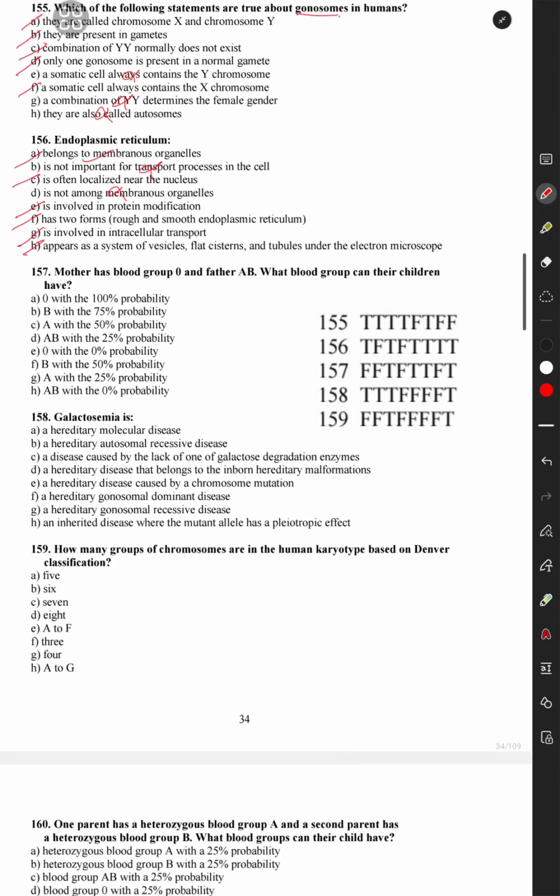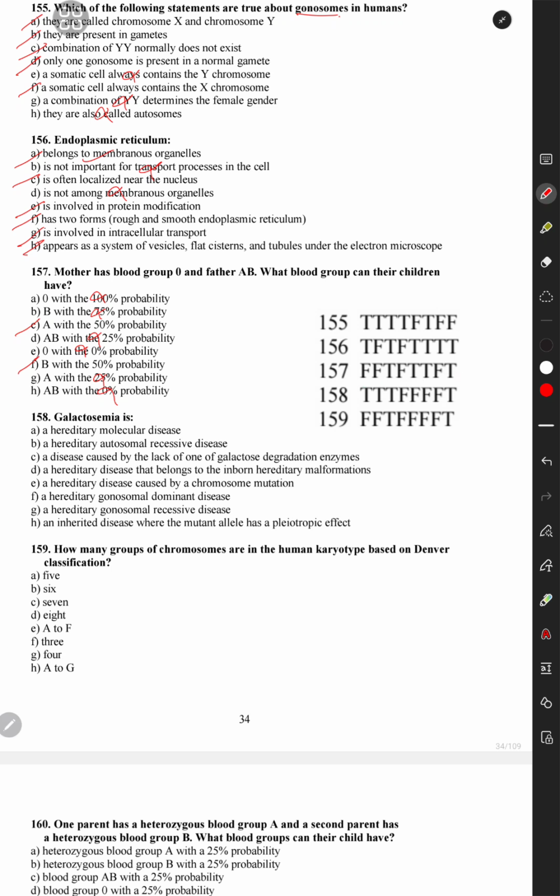Mother has blood group O and father AB. What blood group can their children have? Mother has O or AB. AO, BO. False, false, true, false, false, true. False, false, true, false, true, true, false, true.